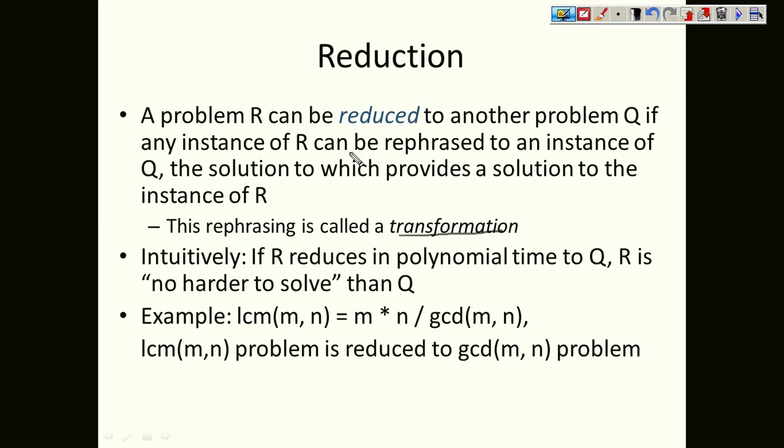Finding an immediate solution for them is sometimes not easy. So we try to reduce, or transform, the new problem to a known existing problem, and then we prove that if the existing problem can be solved, then the new problem can also be solved.